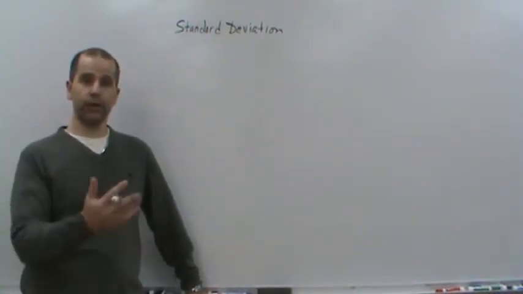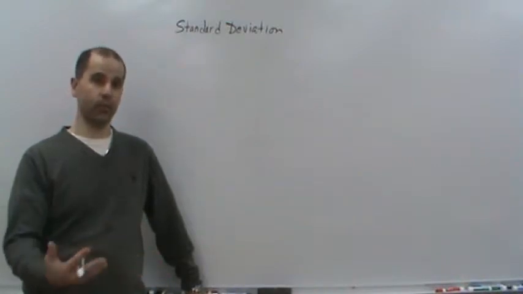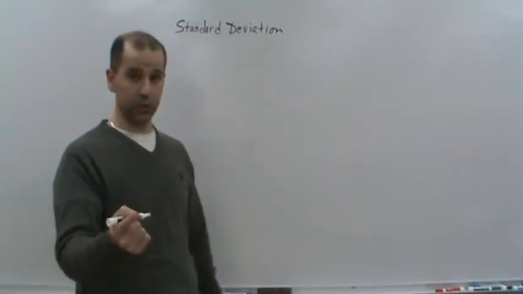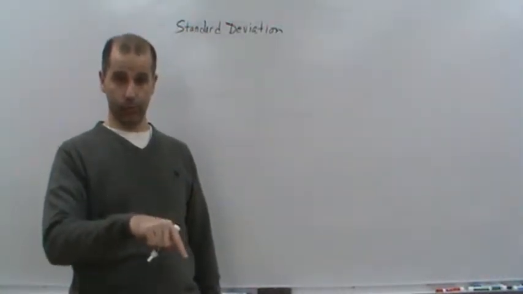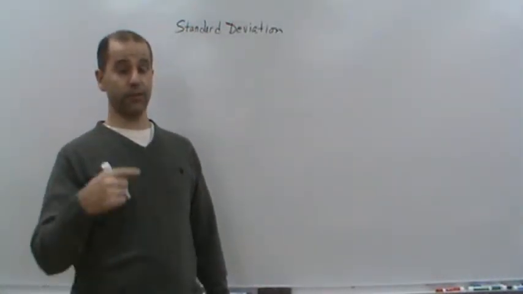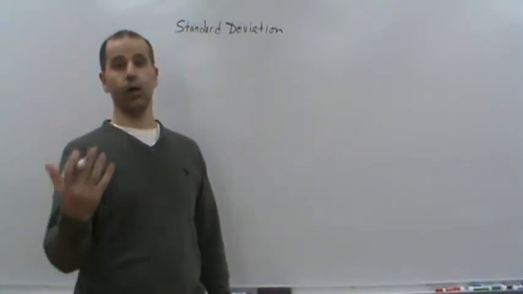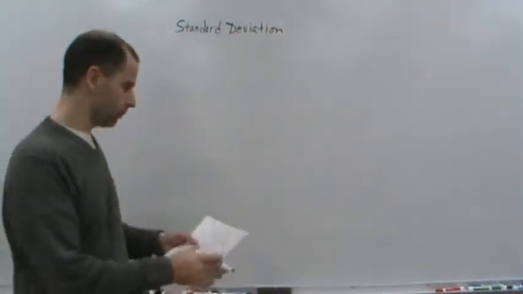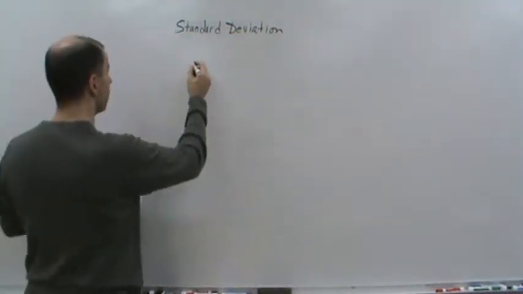The smaller it is, the more compact the data is around the mean. I'm going to talk about population and sample, but for this class and for most purposes, especially in statistics, we use the sample.